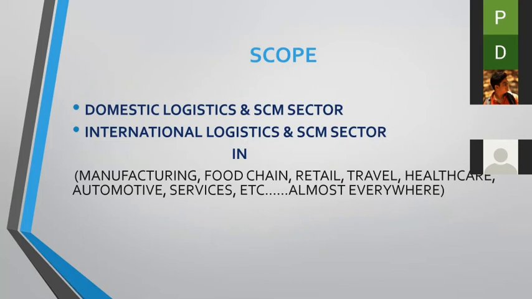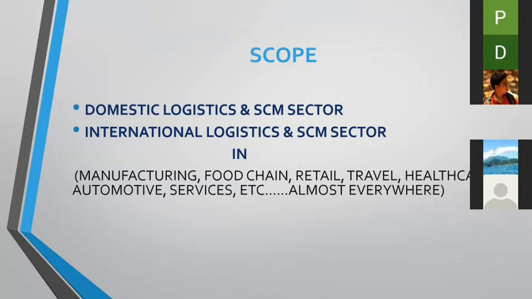So the scope can be in domestic. If you don't want to go abroad, your scope is vast in the domestic sector. And if you want to venture out internationally, then yes, you have international logistics, you have international supply chain. Okay. And in what sectors can you get into? You can get into manufacturing, you can get into food chain, you can get into retail, even travel, healthcare, automotive, services, almost everywhere.